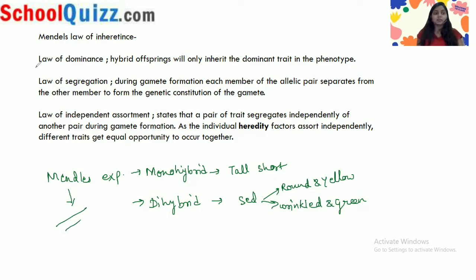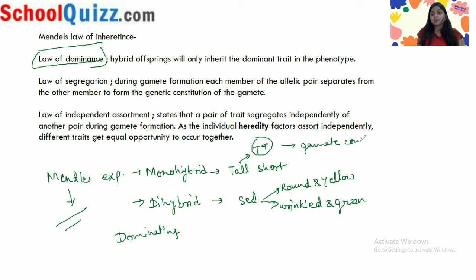So let's see what the laws of inheritance are. Firstly, there is the law of dominance. It is quite simple: the dominating gene always dominates the other genes. Like in the tall plant we have a pair of genes, the purebred pair, that is capital T capital T. In every gamete combination which has the capital T, this capital T will dominate the other small t.